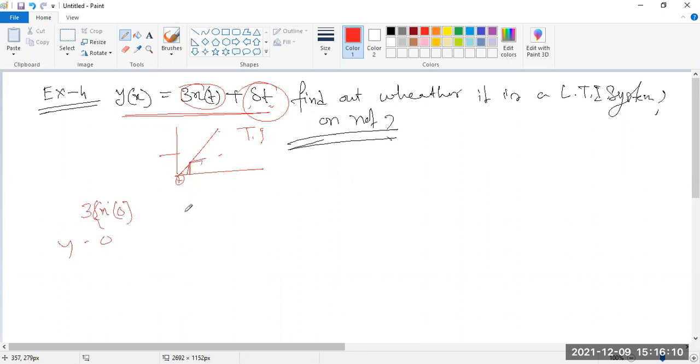So this is not 0, because some impulse function is there.